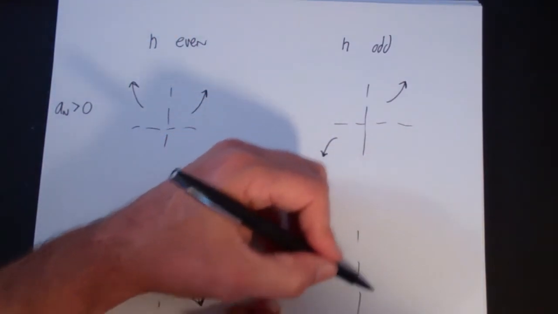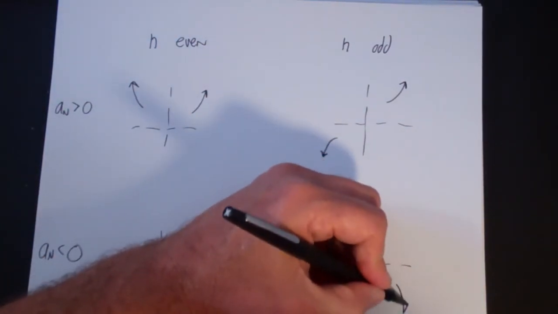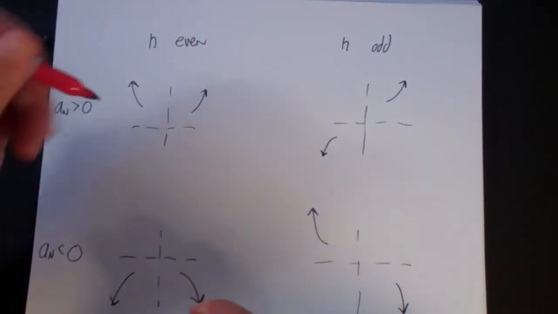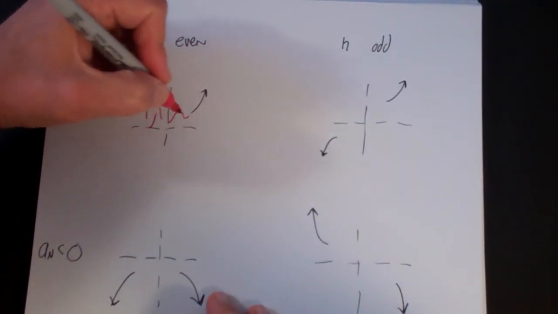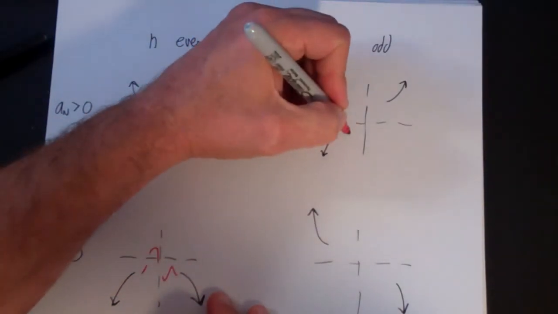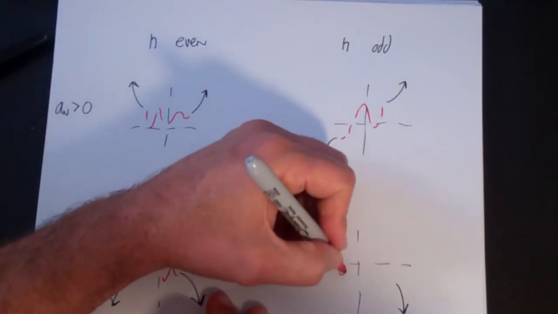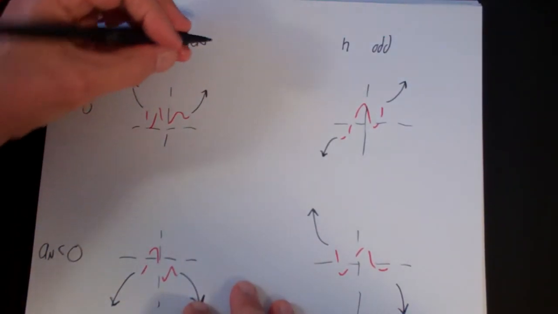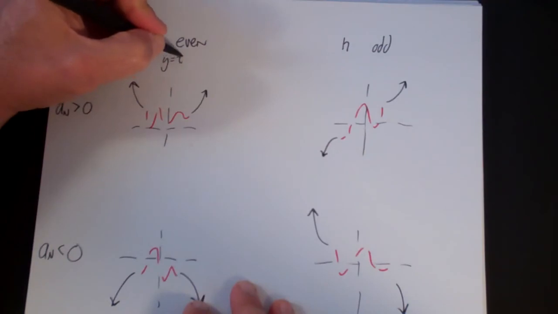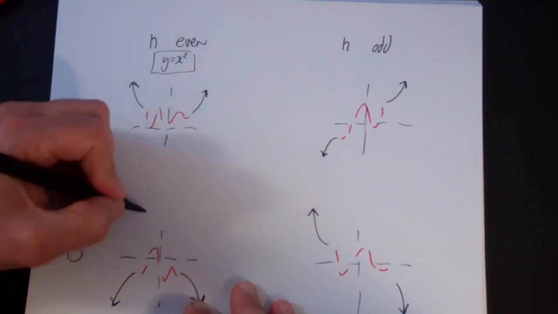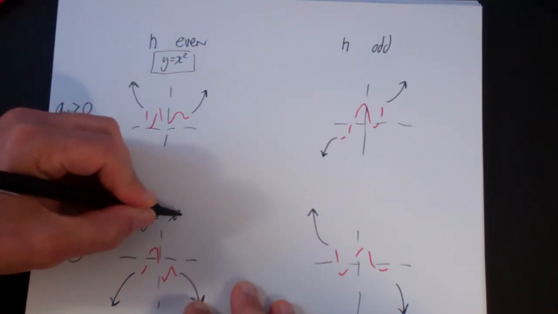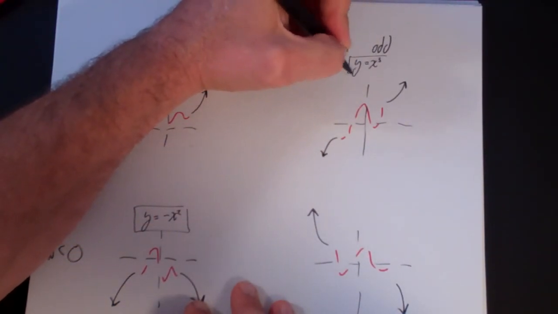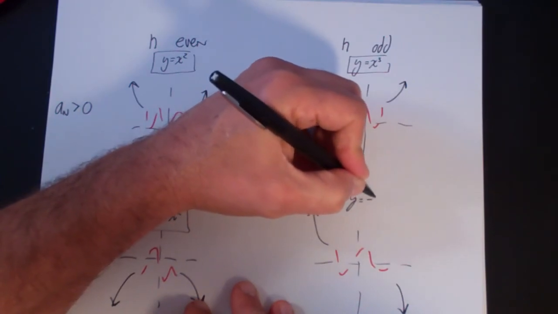And this one looks like that. Another way to remember this is this one looks like x squared. In the middle it can be anything at all. We don't really know. This one looks a lot like y equals x squared at the ends. This one like negative x squared. This one like x cubed. This one like negative x cubed.